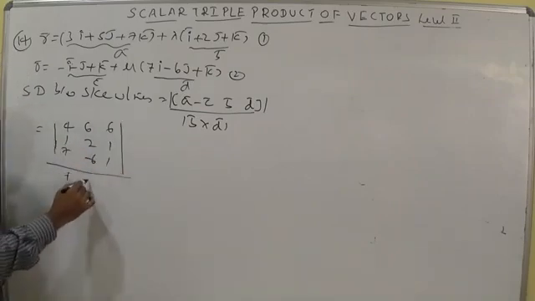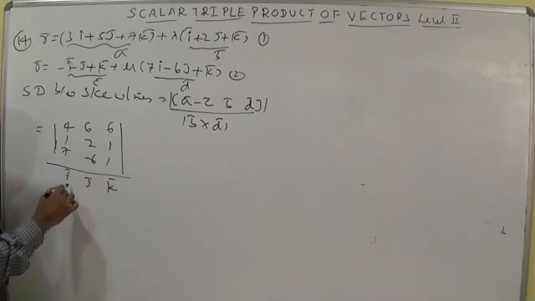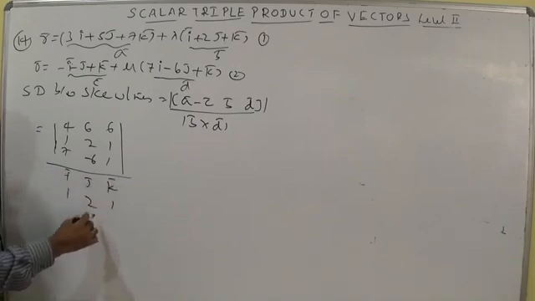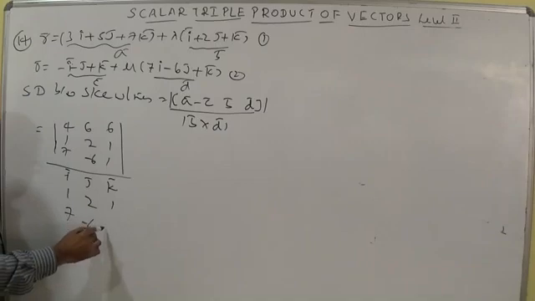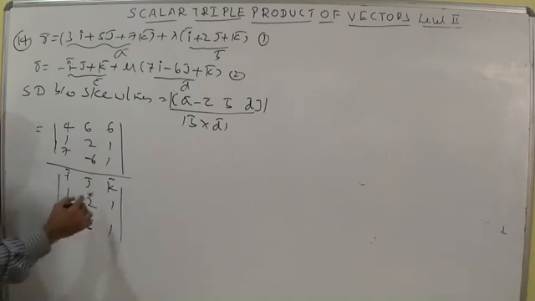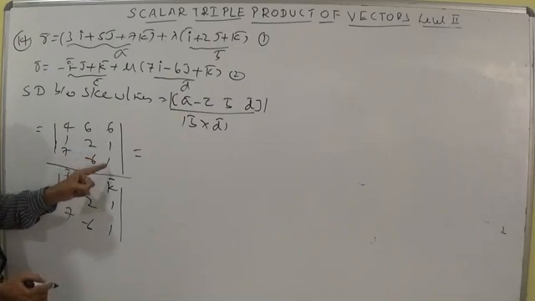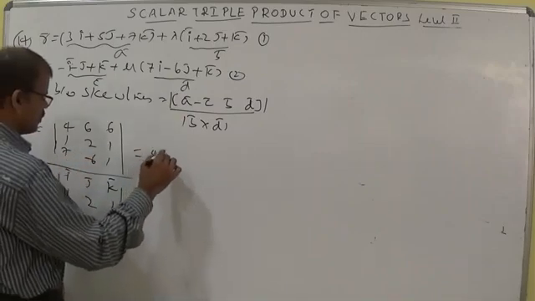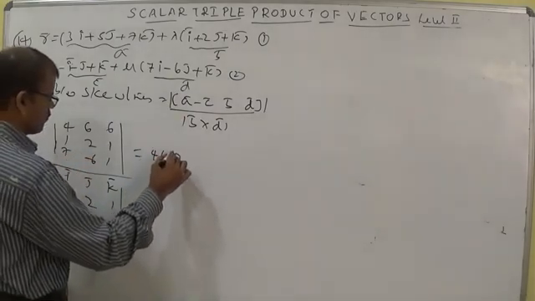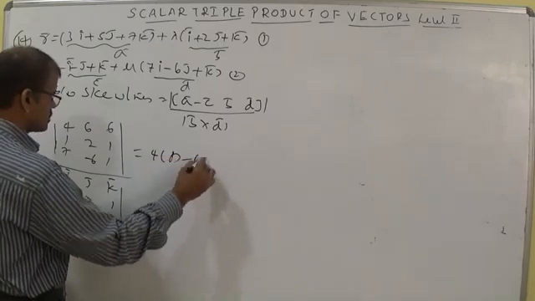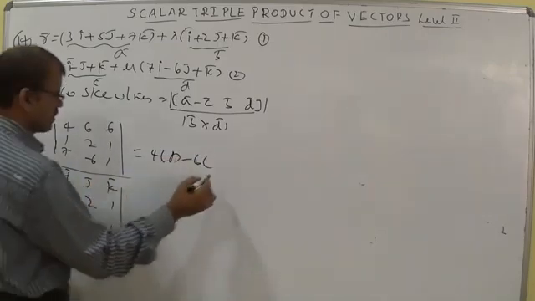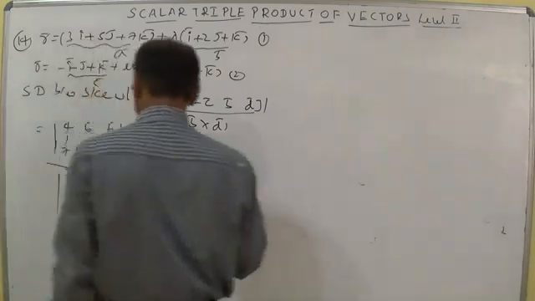And here the IJK concept, the cross product. Same values: write 1, 2, 1 and 7 minus 6, 1. Now calculating the determinant value: 4 into 2 plus 6, 4 into 8 we can write. 4 into 8 minus 6 into (1 minus 7). 1 minus 7 is minus 6.